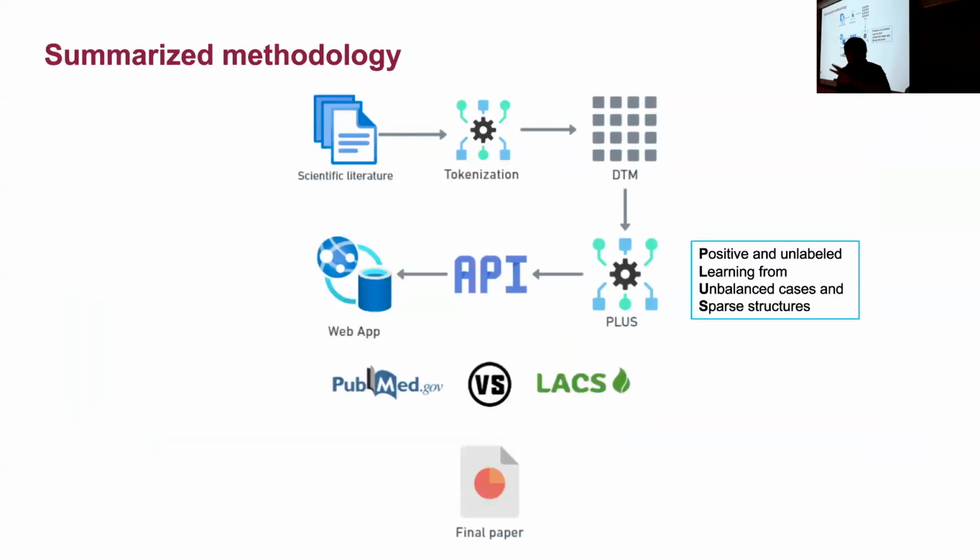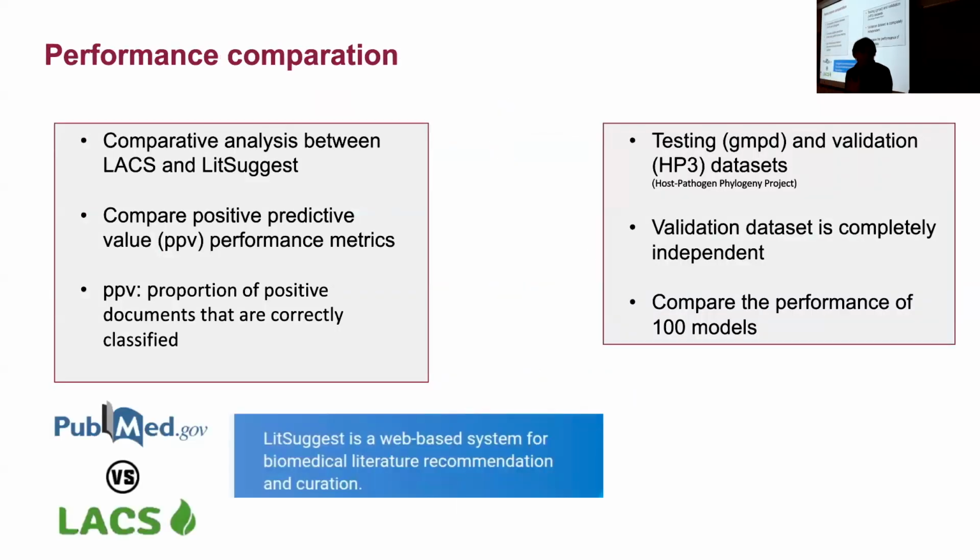So that's the methodology. Basically, we have these papers, I chunk them in words, I put some similarity metrics between them, and then you go to the website and just type what you want, and it retrieves the papers that are closer to that. That's it. So I measure the performance of my system compared with the performance of the NIH system. The system they are using is called literature suggests. It suggests to do the same.